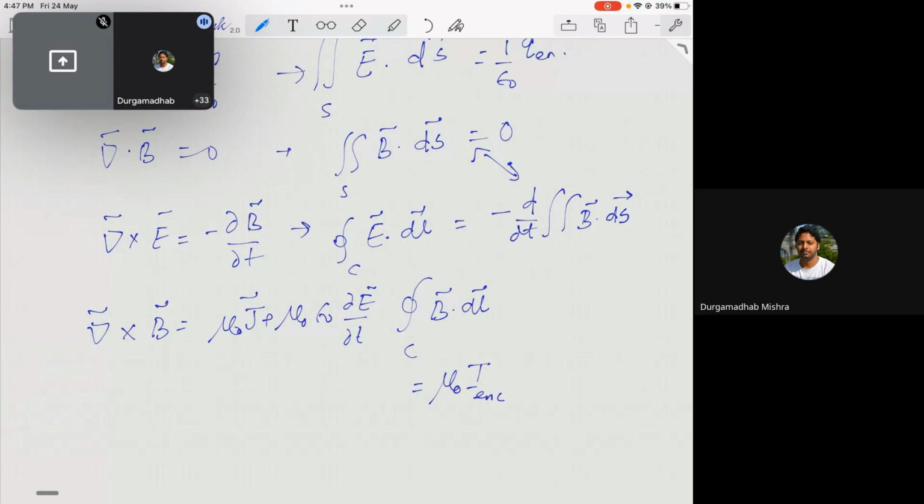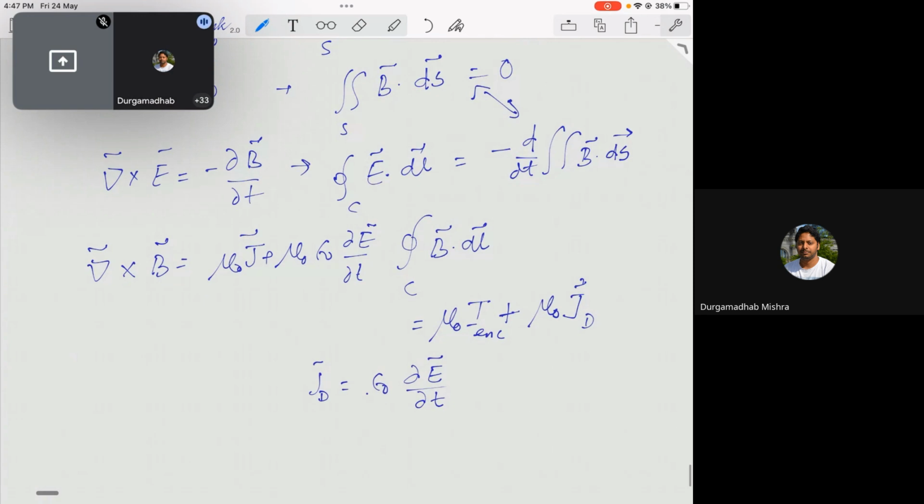This is all the free charge currents that you have, plus mu naught times the displacement current J_D, where J_D is equal to epsilon naught del by del t.